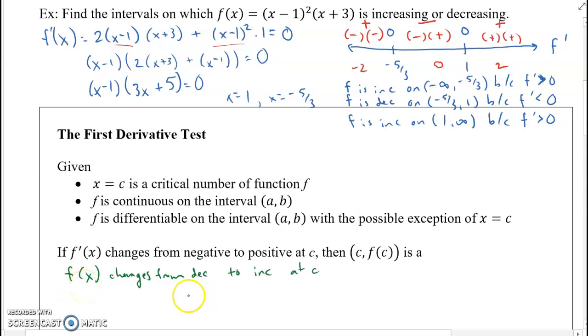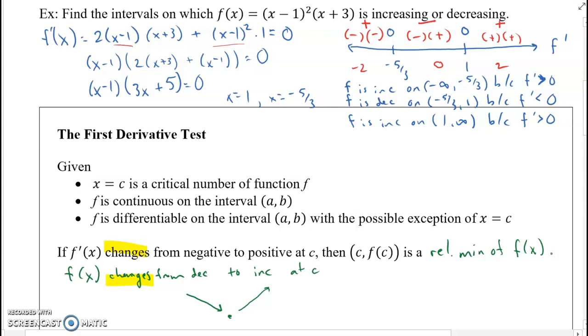Now that's something that we understand, right? We're going down when we're decreasing, we're going up when we're increasing. So this magic point right here where it stops doing one thing and starts doing the other thing, well, that's got to be our minimum, right? That is a relative minimum of f of x. Okay?